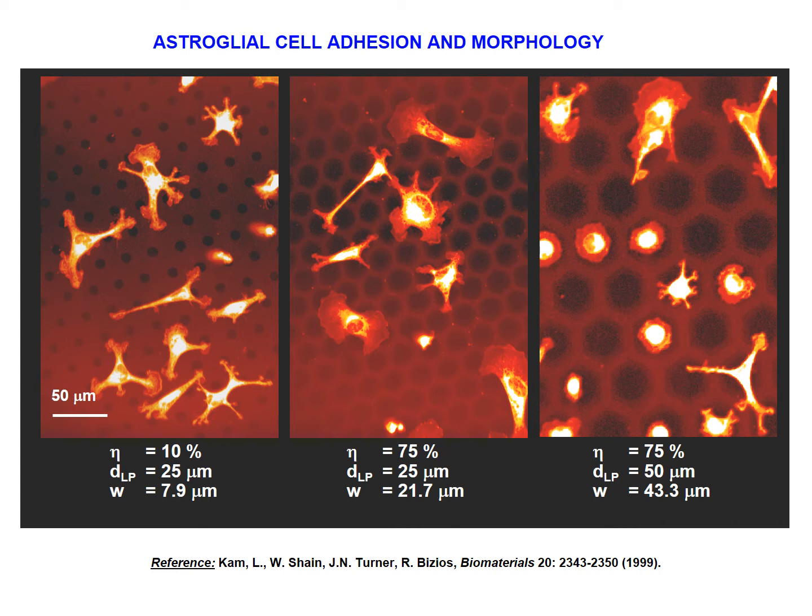Definitely, if that particular surface area is increased, many more cells would interact and adhere in these particular regions, and perhaps many more cells will adhere within one and the same region.